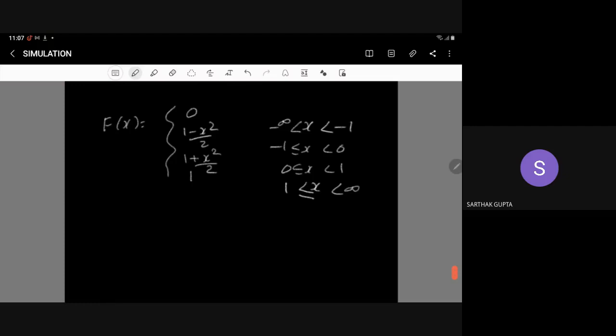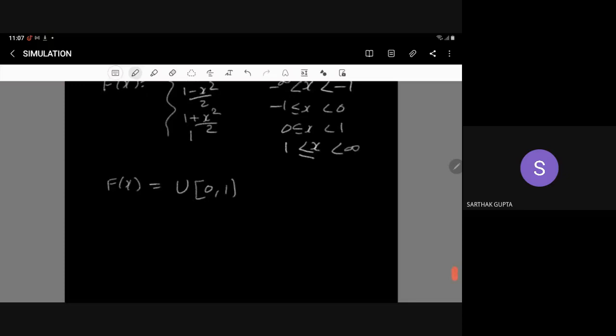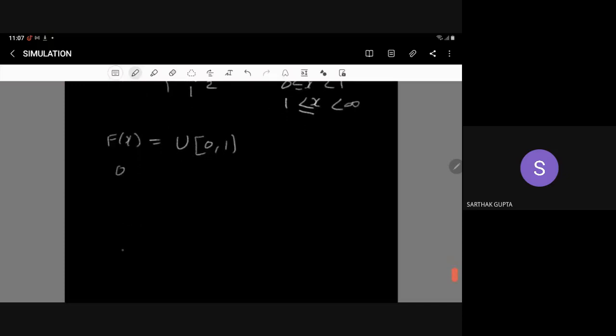And in general, for computing the scheme, we equate the Fx with the uniformly distributed number between 0 and 1. So what we have to do, u ranges from 0 to 1, Fx also ranges from 0 to 1, means 0 is equal to 0, 1 is equal to 1. And here in between we have computed one constant, so the same constant we have to consider for the u.